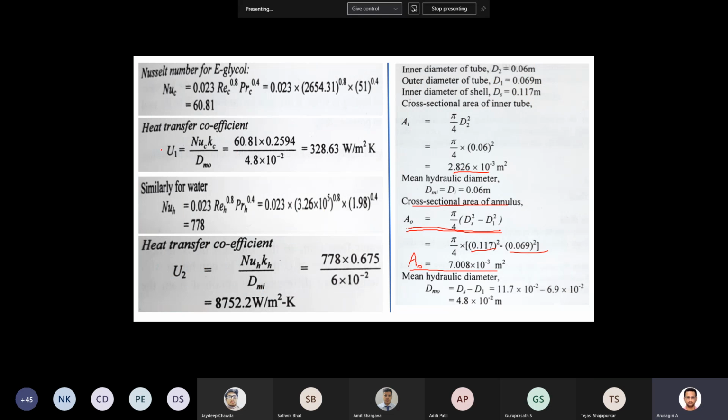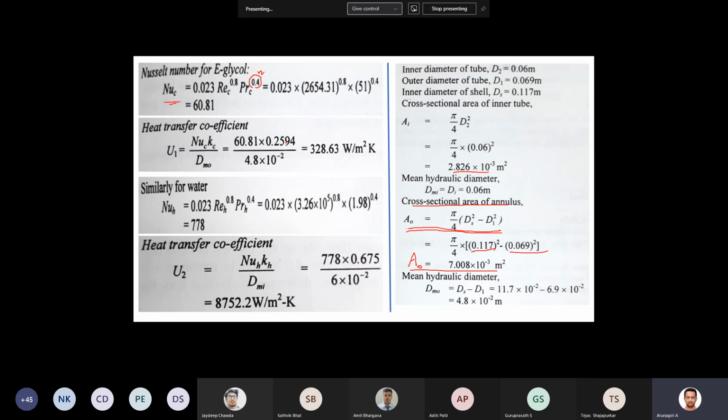Once you have calculated the Reynolds number, then we have to calculate the Nusselt number. Okay, so Nusselt number is 0.023, Reynolds number power 0.8, Prandtl number power 0.4. Some books may have this as 1 by 3. Some books take n, where n is 0.3 for cooling, 0.4 for heating.